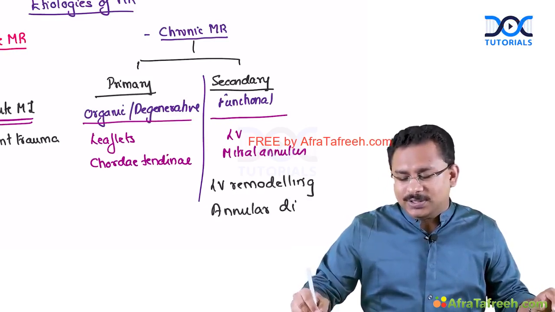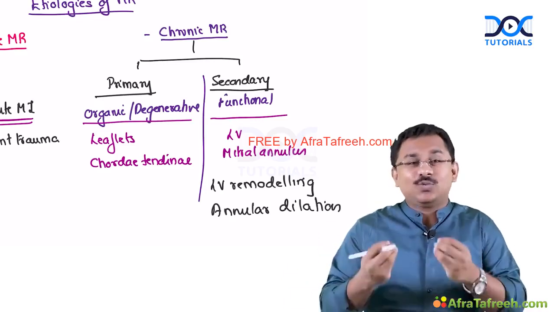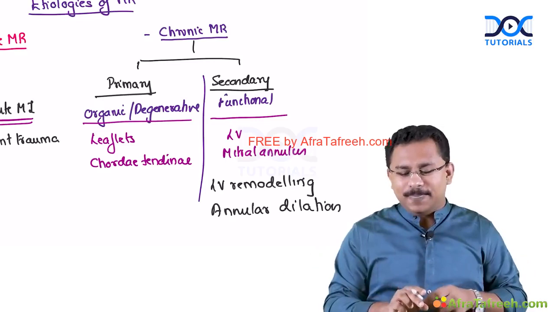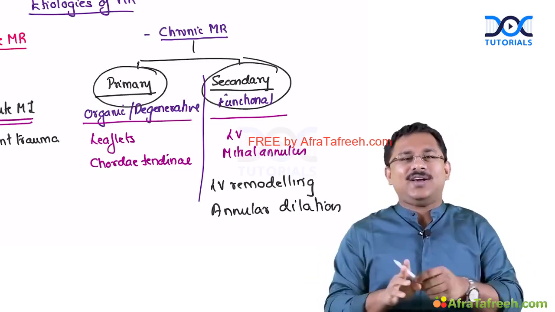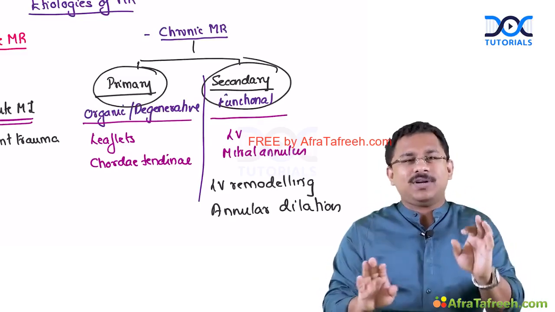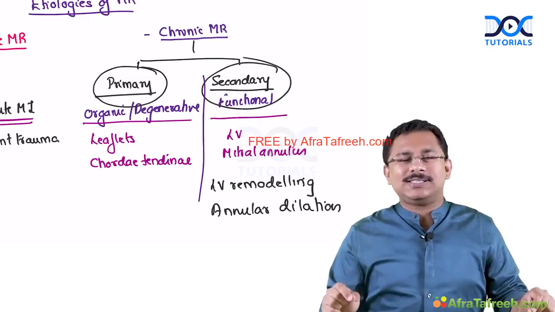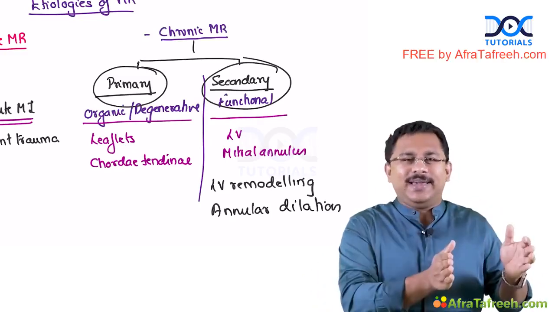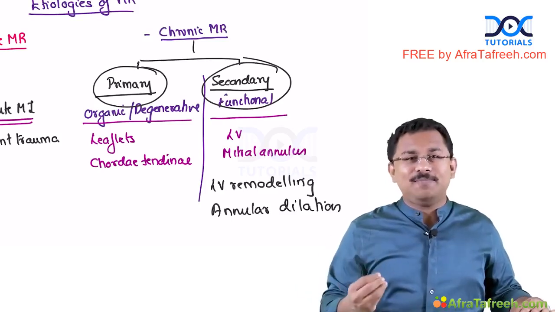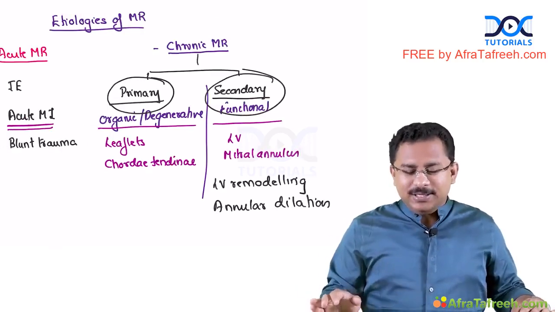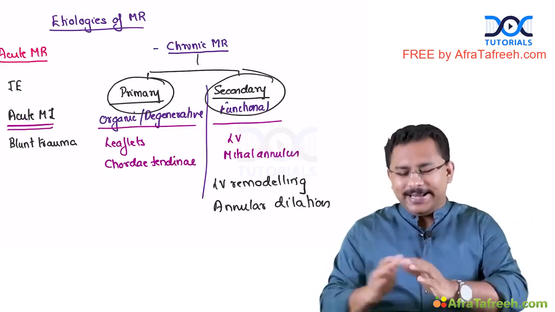Because of the LV remodeling as well as annular dilation, you are having this functional MR. Now, how important is it to differentiate a primary versus a secondary chronic MR? It is important because the treatment and long-term prognosis can differ significantly between primary and secondary MR, which is why this is very important to differentiate. So that's the broad division: acute, chronic, chronic again primary, secondary.